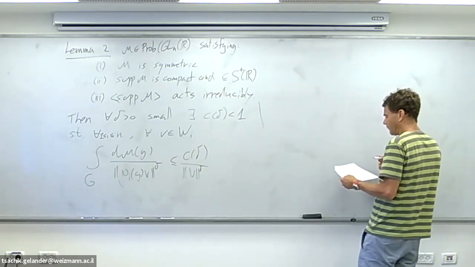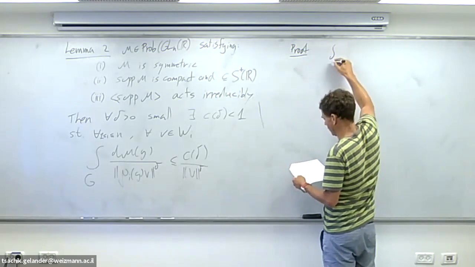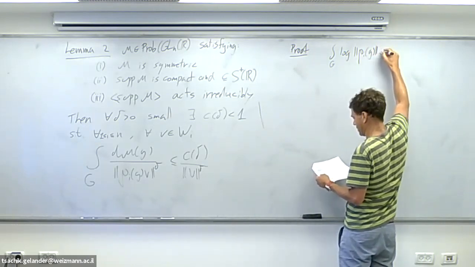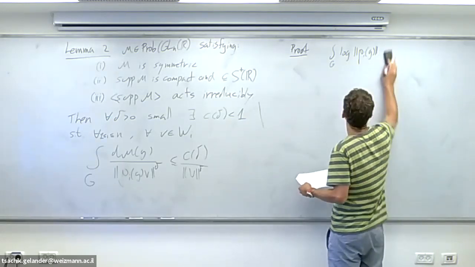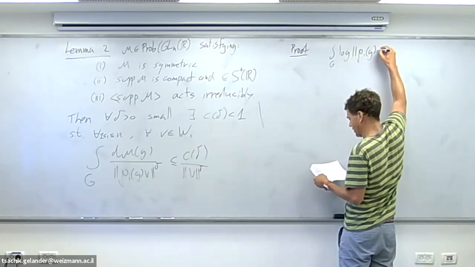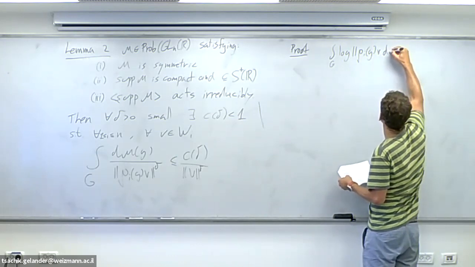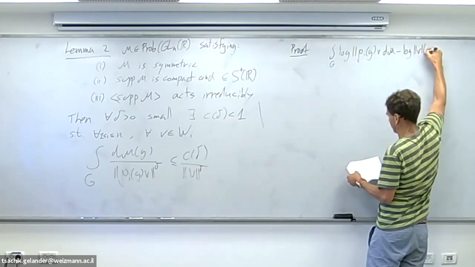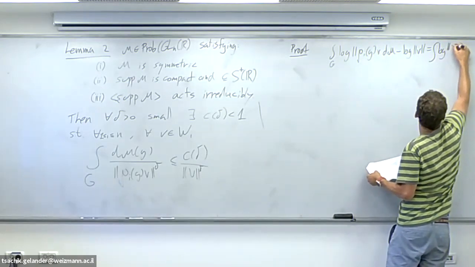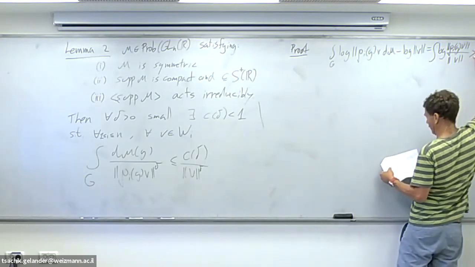So by the previous lemma, the log of rho_i(g)v, integrated against d mu, minus log v, equals the integral of log of rho_i(g)v divided by v, d mu, which was positive.